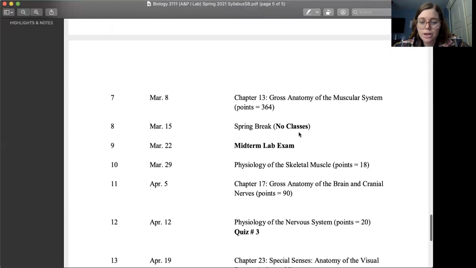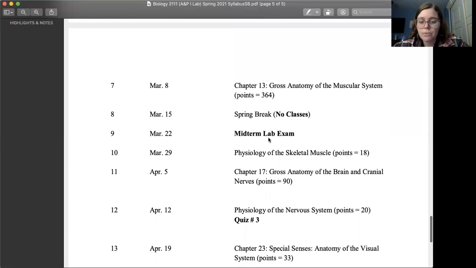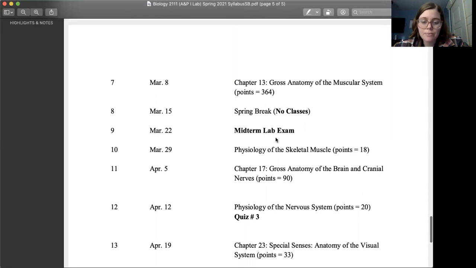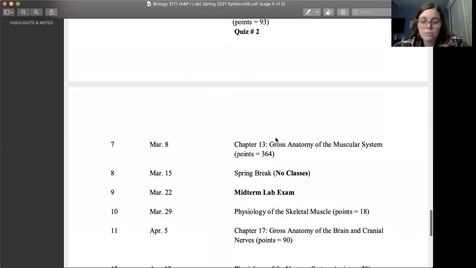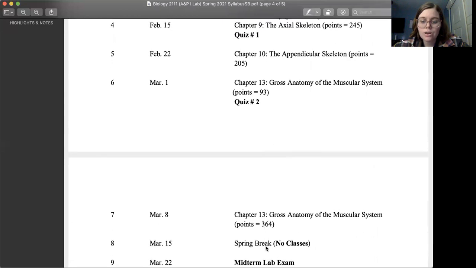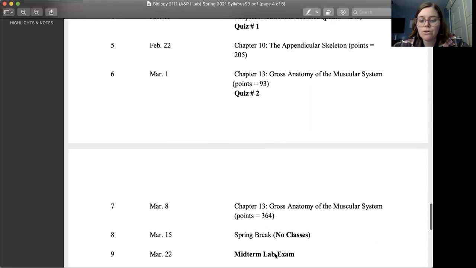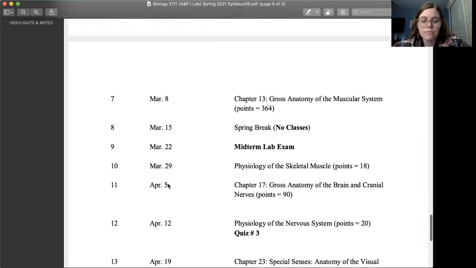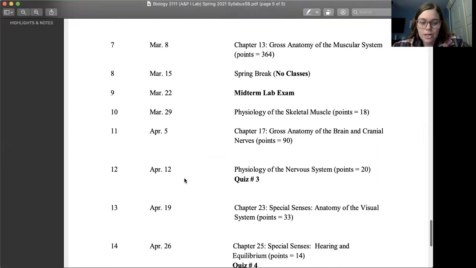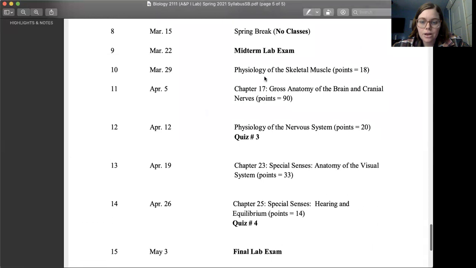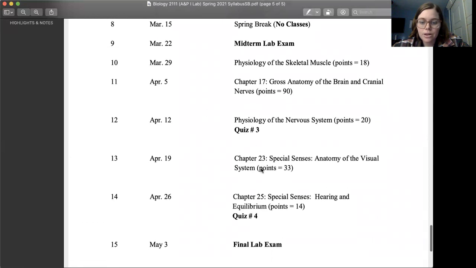We have spring break. After spring break, the midterm opens up. The midterm will only go over, well, this makes sense, the chapters that we went over from March 8th and till the beginning. Then we continue, right? A new chapter every week.